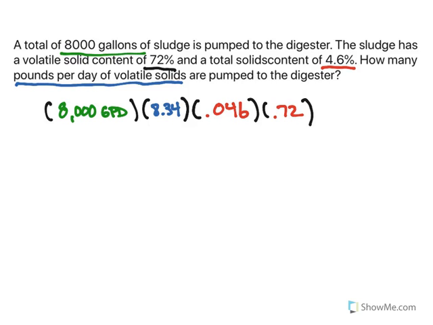We have 8,000 gallons. So 8,000 gallons times 8.34 pounds per gallon is going to give us the total pounds of liquid sludge, right?